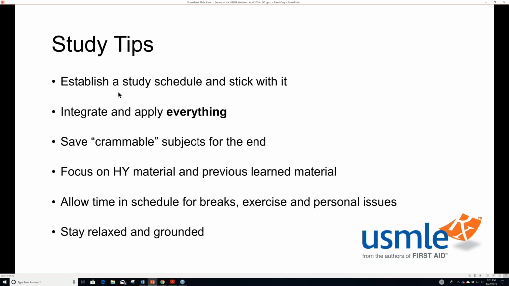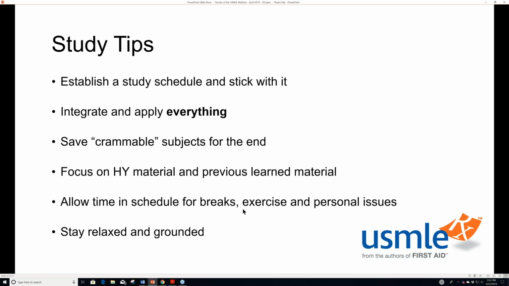As I mentioned, if you do these things, if you don't overschedule, if you try not to study more than 10 to 12 hours a day, if you give yourself at least a day off a week, especially during the dedicated study time, if you give yourself some time to get some exercise, spend time with family, loved ones, and so forth, you shouldn't have to upend your study schedule because you missed something.